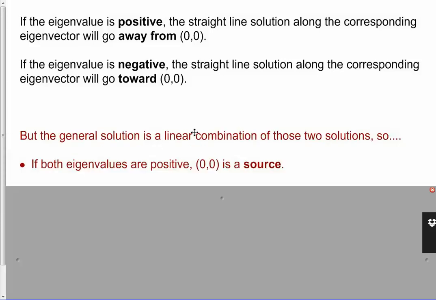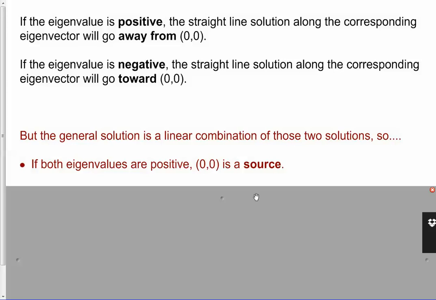The general solution is a combination of both of those. So if both eigenvalues are positive, then your 0, 0 will be a source. Everything will go away. Both straight line solutions will go away, but also any other solution will go away too, right? Because it's not in a straight line, but you're adding together 2 things that are getting bigger and bigger.